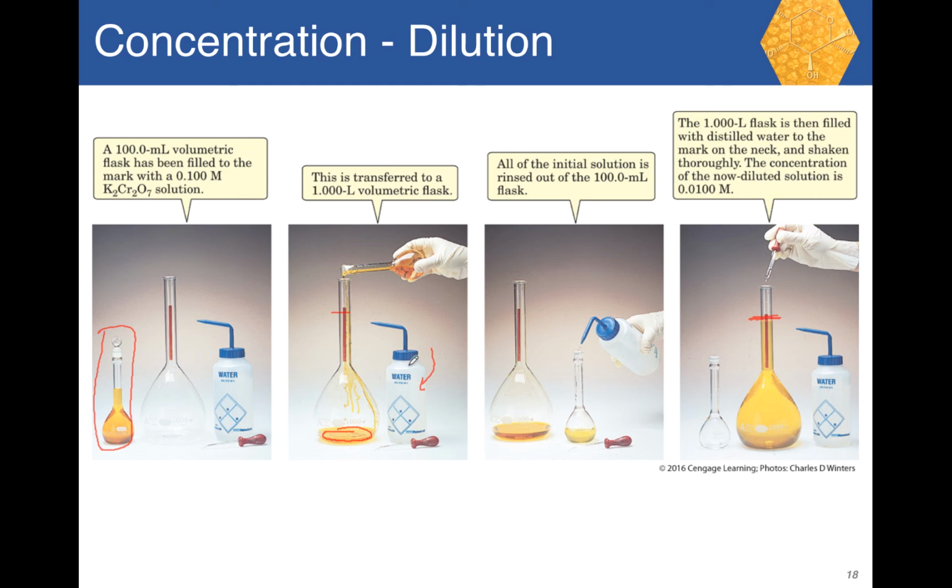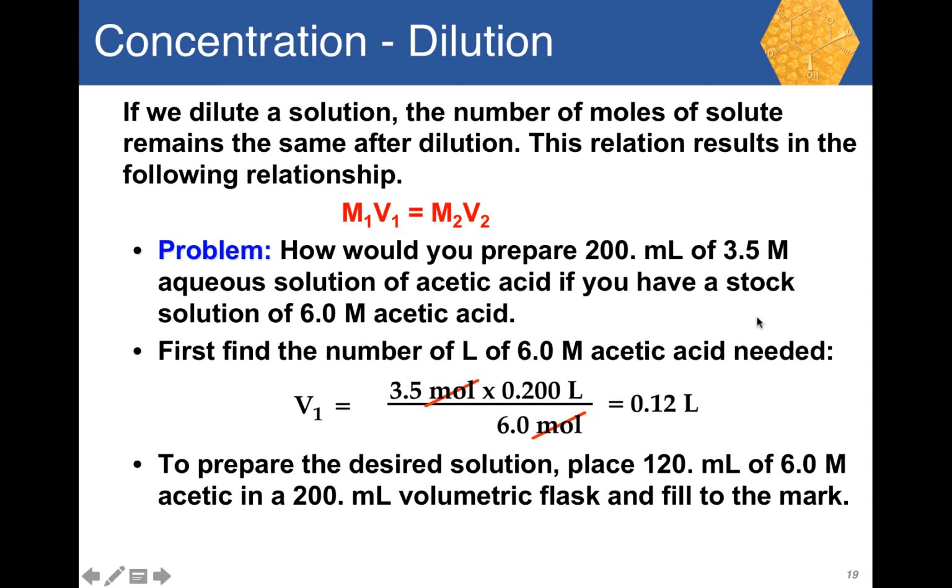So once again, let's review this. You get your stock solution, you add it to a volumetric flask, and you dilute it to a specific volume to get another concentration, a diluted solution. Okay, let's see if we can apply that concept mathematically. So here is the equation that we will use: M1V1 equals M2V2.